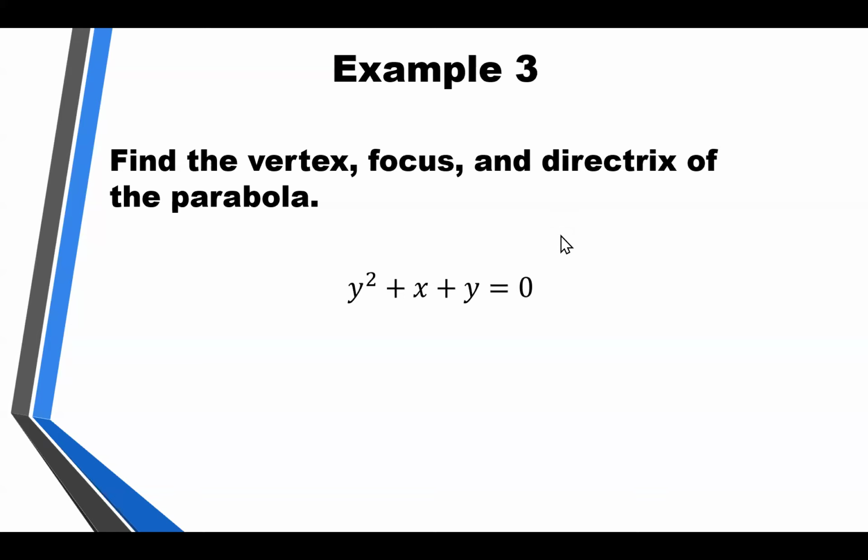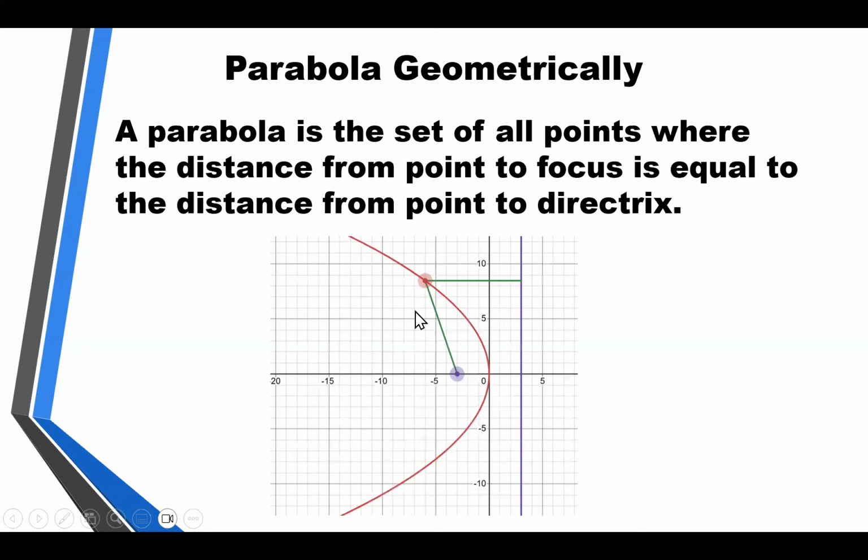So let's take a parabola and let's find the focus, the vertex, and the directrix of this particular parabola. Now, notice that this one, unlike the circle example, is not in the really nice form that we like it to be in.